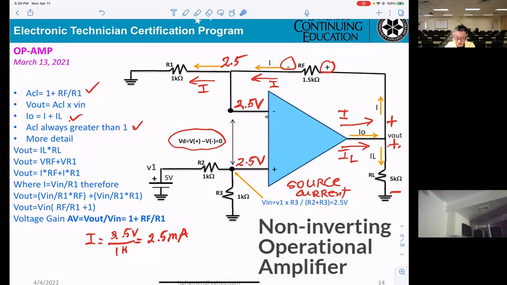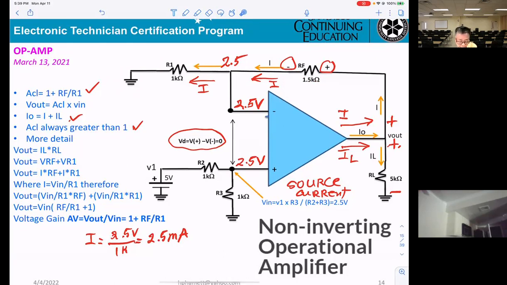However, in order to get a formula, you cannot use the load. That will be telling you Vout is measured from the output up to this ground here. So you take the voltage across RF plus the voltage across R1, then you also get Vout. That's what they're telling you here.